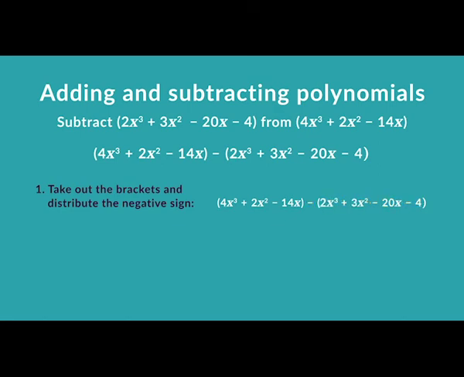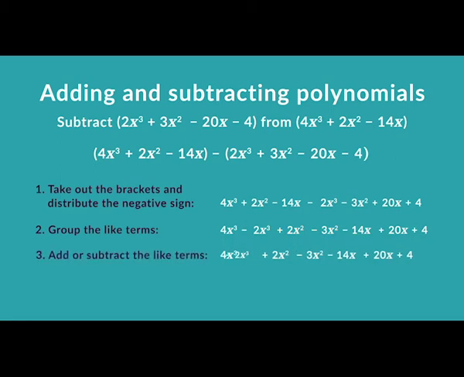So we multiply each of the terms by -1 and take out the brackets. We are left with a long polynomial. Step 2. Put the like terms together to make the last step more clear. Remember that the sign of the coefficient goes with the coefficient. Step 3. Add or subtract the like terms. We now have a single cubic polynomial of 4 terms.